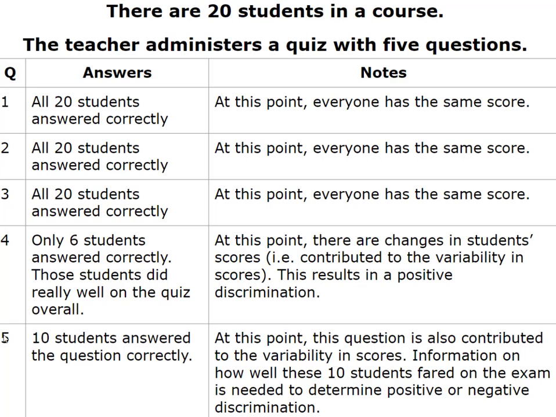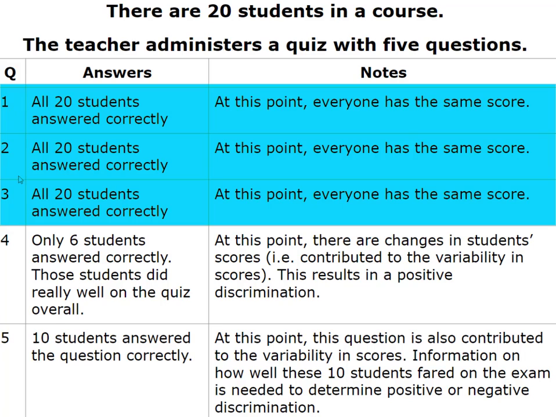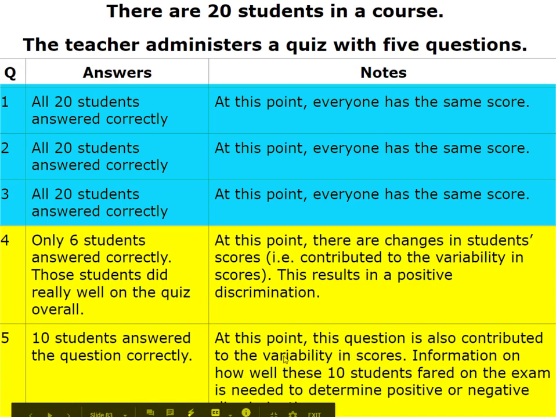But really, these 3 questions, 1, 2, and 3, aren't making the difference in that variability. It's question 4 that made quite a bit of difference in that variability, right? And question 5 that made even more variability. You know, it just really depends on who these students were in question 5, but it started to cause changes in the overall scores in your class. And that's what we mean by discrimination.